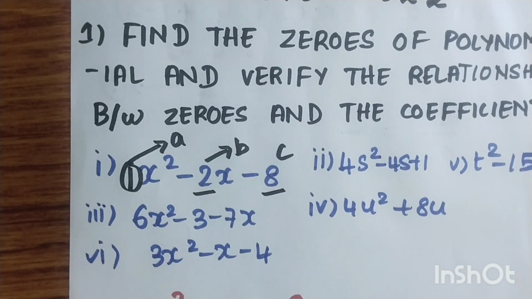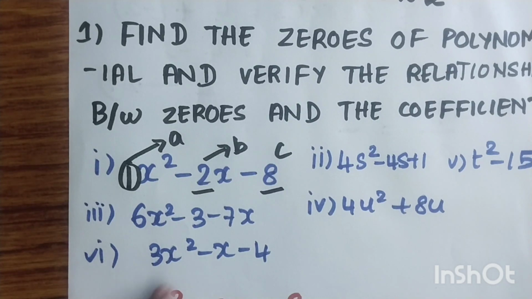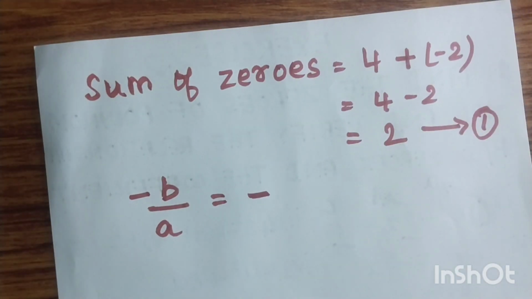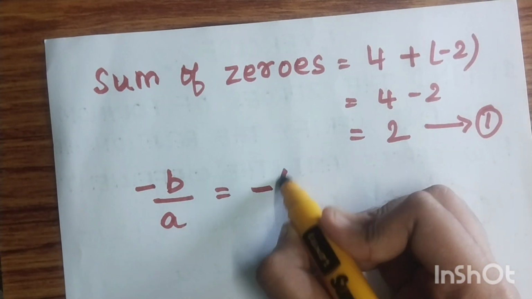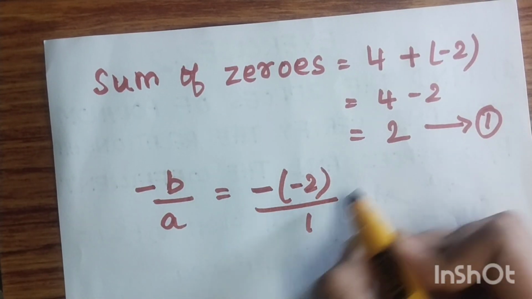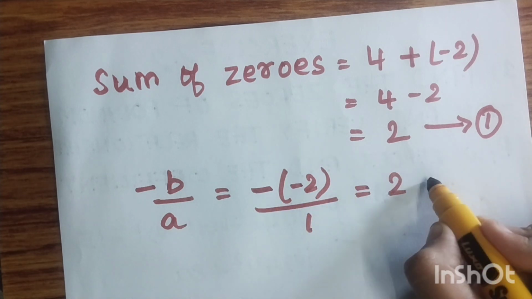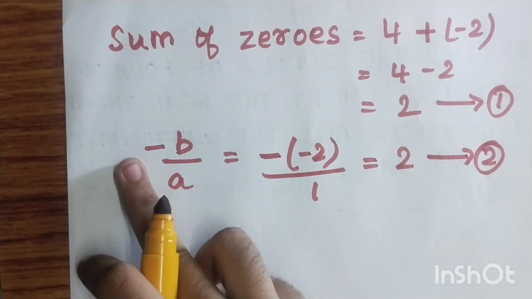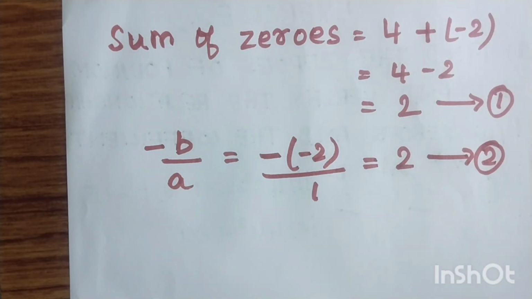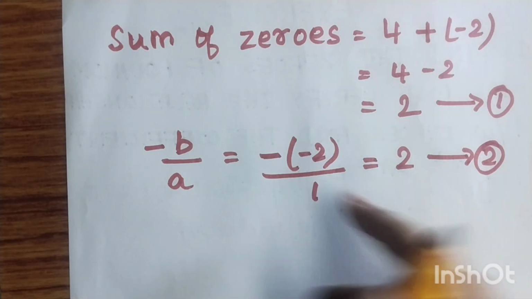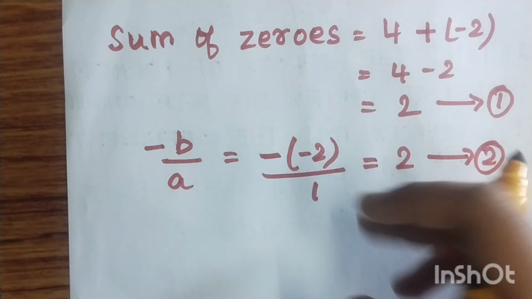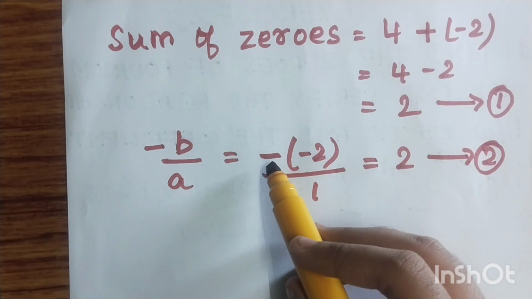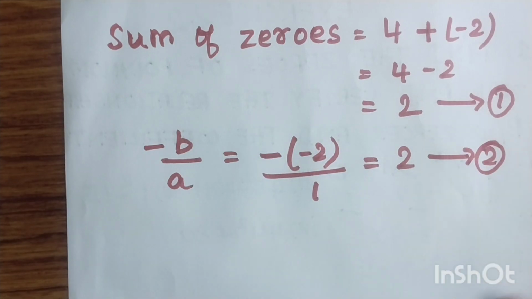Now I got my values and I'm going to substitute. So minus of minus 2 by 1, minus minus is plus, so 2, which is the second equation. My coefficient of the x term is minus 2, so I have mentioned it in brackets. Before checking, make sure you take the minus sign of the formula along with it. This is very, very important.